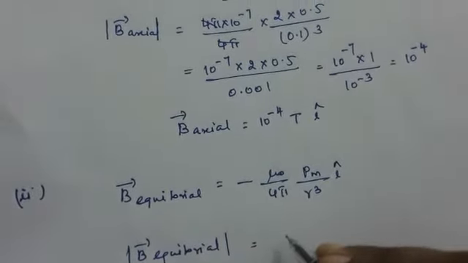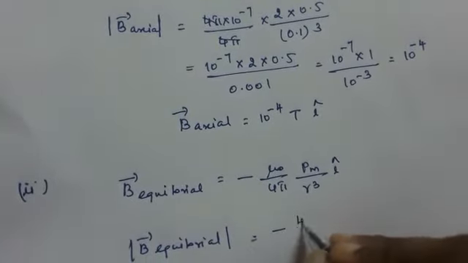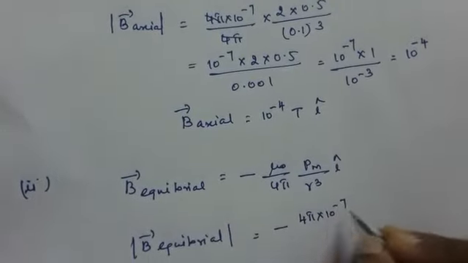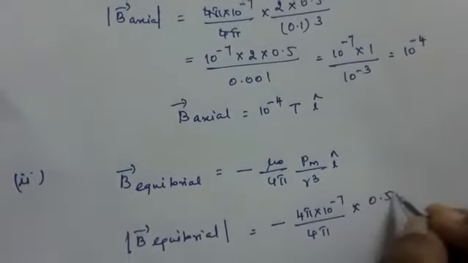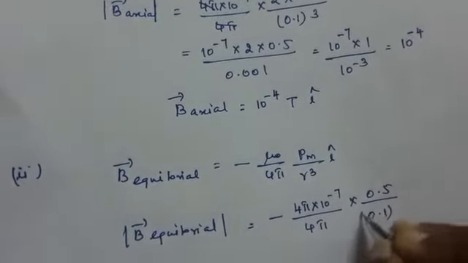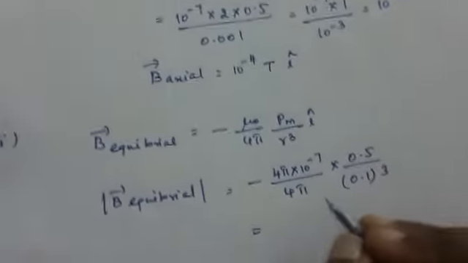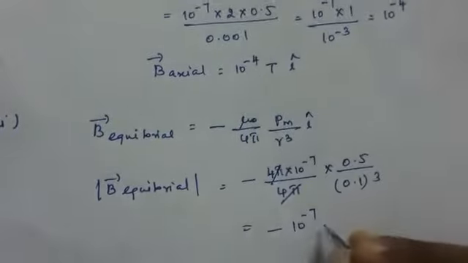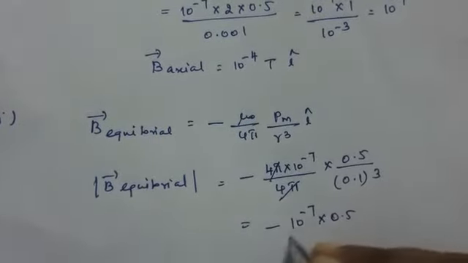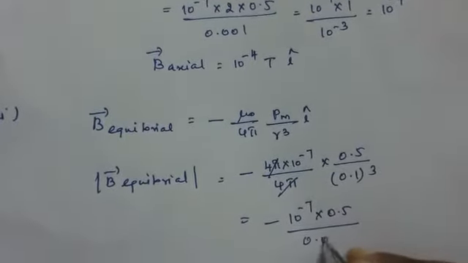is equal to minus mu 0, which is 4 pi into 10 raised to minus 7, divided by 4 pi into Pm value 0.5 divided by 0.1 the whole cube. So here again cancelling each other. So we'll be getting 10 raised to minus 7 into 0.5 divided by 0.001.